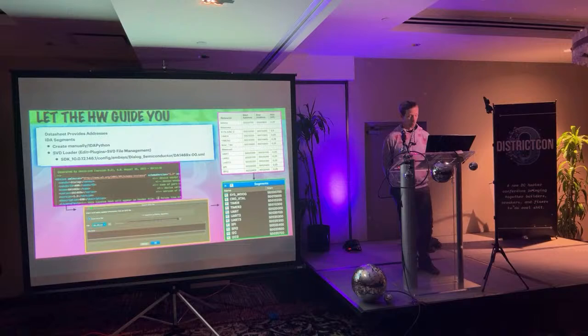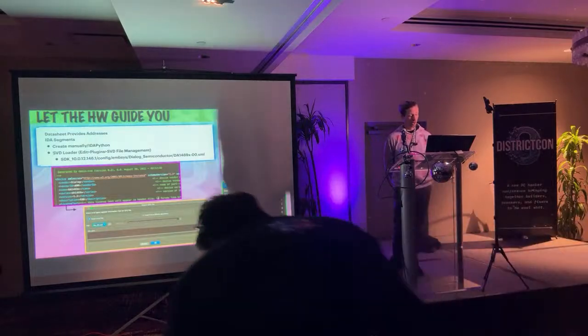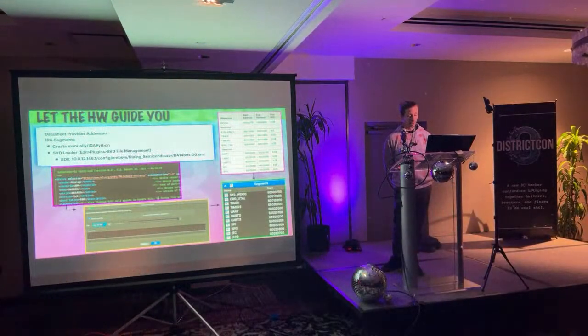So segment creation and all that stuff will be done manually or using scripting. Really the easiest way, if possible, is to use an SVD file, which IDA actually has a loader built right in, which wasn't always there. It works fairly well. The SVDs can be found online, often an SDK or IDE or some debugging tool will also ship with those, since they use them to fill out the user interface as far as what registers there are and how they're configured.